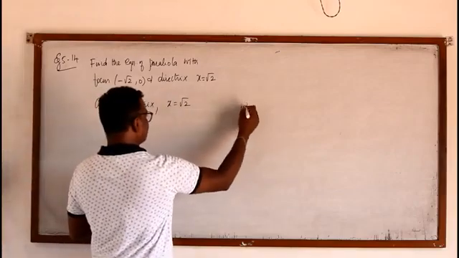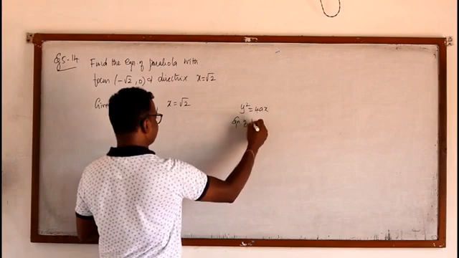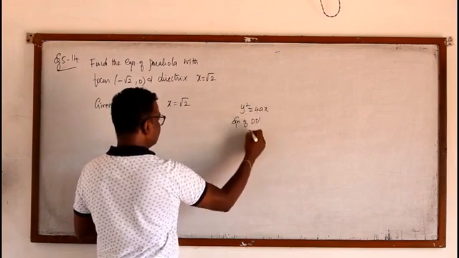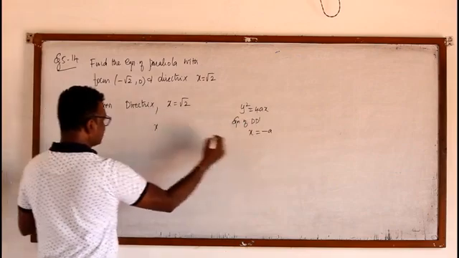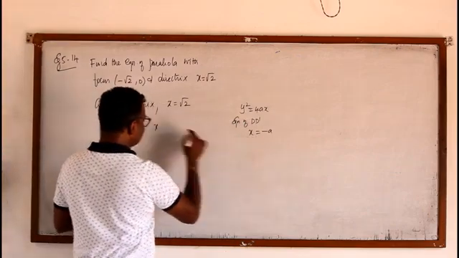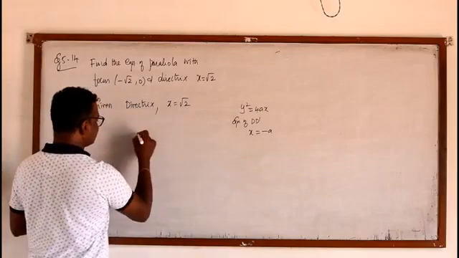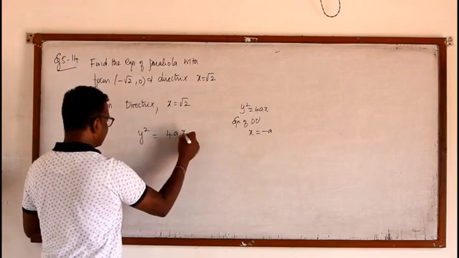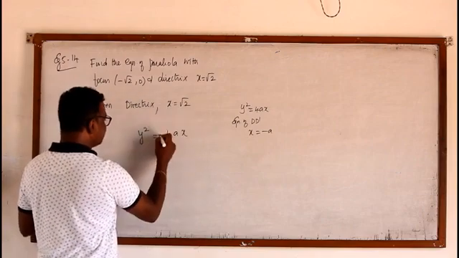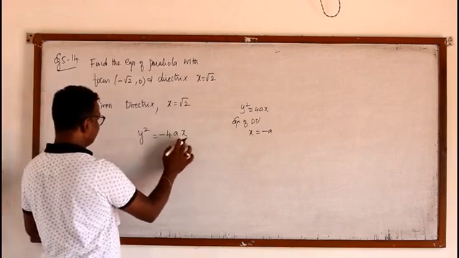Remember, when y square equal to 4ax, the equation of the directrix is x equal to minus a. Here x equal to plus a. Root 2 is positive, so if it is plus, here I will get minus. So y square equal to minus 4ax is the format.